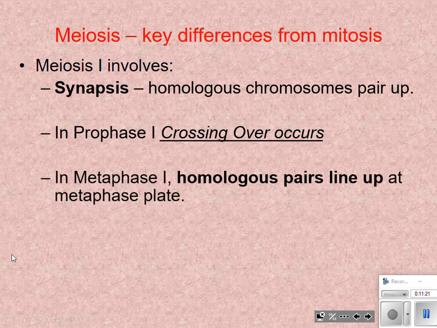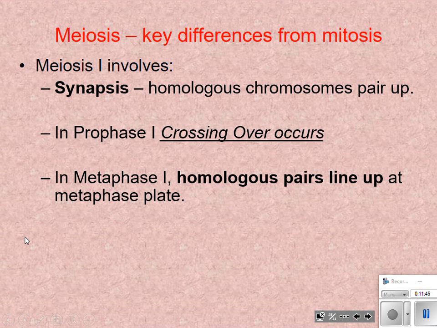We talked about this one. Metaphase 1, the homologous pairs lining up at the metaphase plate. In metaphase 1, the homologous pairs line up, not the sister chromatids.